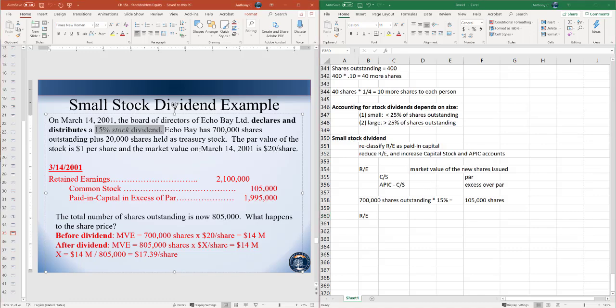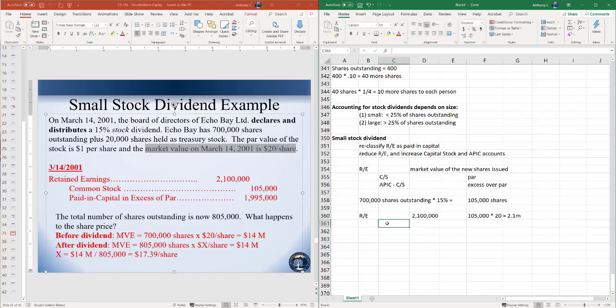The market value on the date we declared this dividend is $20 per share. So we'll take 105,000 times 20, and that should get you to 2.1 million. So I'm going to make a debit here to retained earnings for 2.1 million. Then I'm going to record this 2.1 million amount into the common stock and APIC accounts.